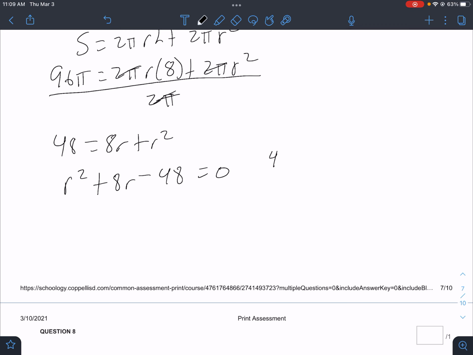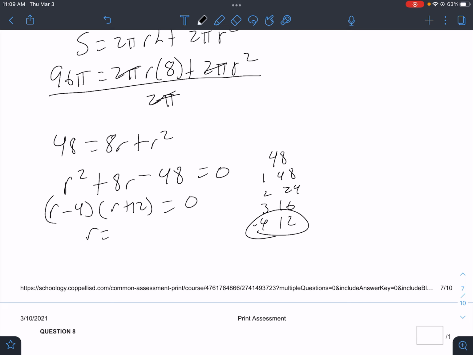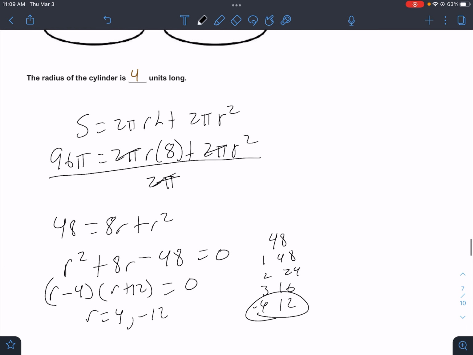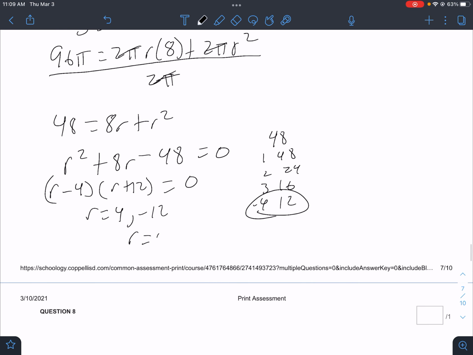It's going to be 12 minus 4. So it's going to be r minus 4 and r plus 12. So r equals 4 or negative 12. Can a radius be negative? No. So the answer is r equals 4. Fun question.